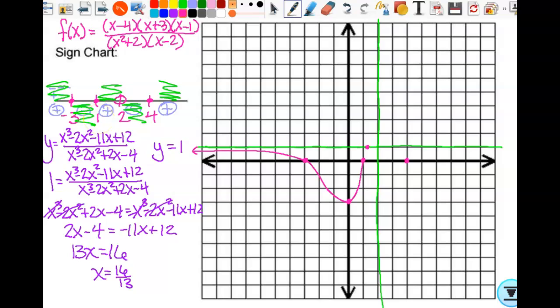So from that 0, it's going to have to cross through that asymptote at that point we found. Look like that. Then we know from 2 to 4, it's negative, so it's down here, like that. And then from 4 to infinity, it's positive, and it stays underneath the asymptote. So it looks like this.